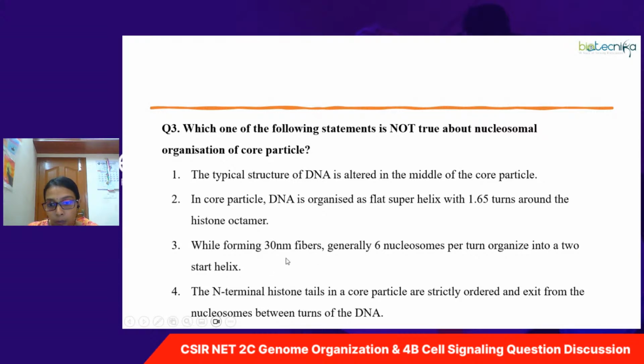Within the 30 nanometer fiber, you will find 6 nucleosomes per turn, organized into a two-start helix. And the last point, the N-terminal histone tails are strictly ordered and exit from the nucleosomes between the turns of DNA. Find the correct answer. I mean, you have to find the incorrect statement in this question. Yes, Sadhya, it is H1.